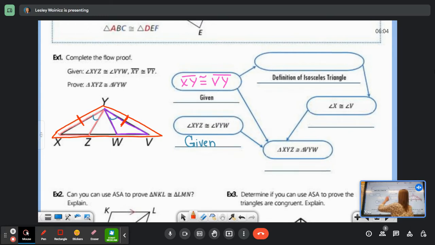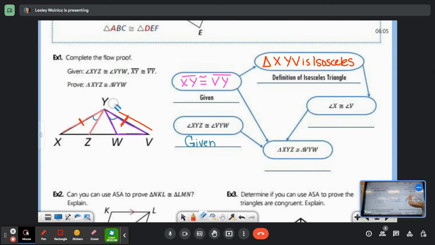So I'm going to say that triangle XYV is isosceles, which I should be able to spell because it's right here underneath. Now that I've shown that XYV is isosceles, I know something special about its opposite angles. Let me get rid of this red triangle.